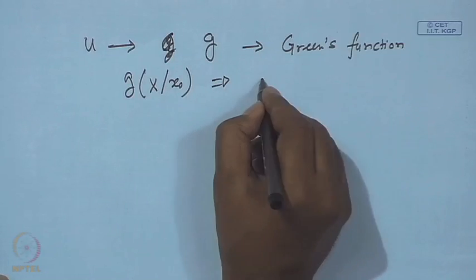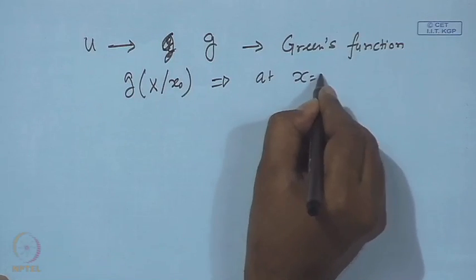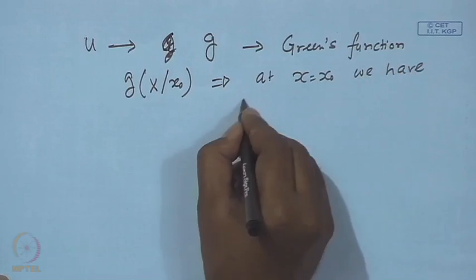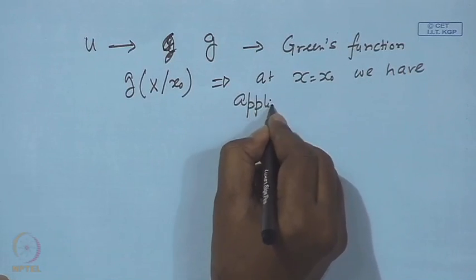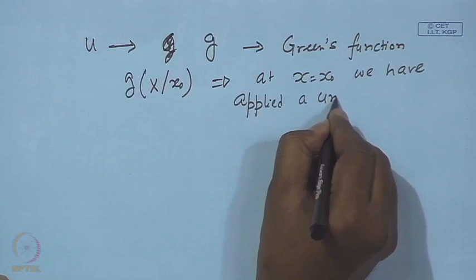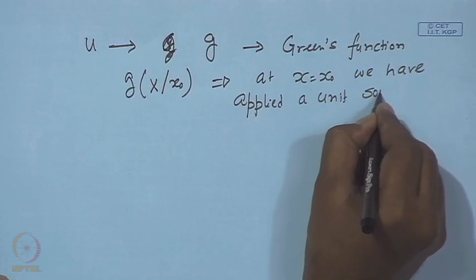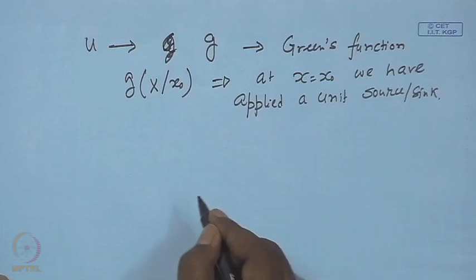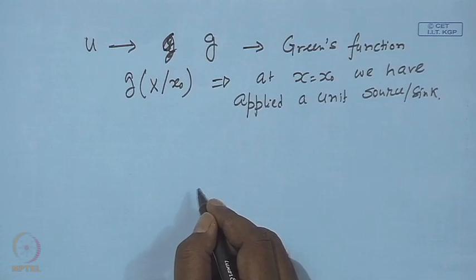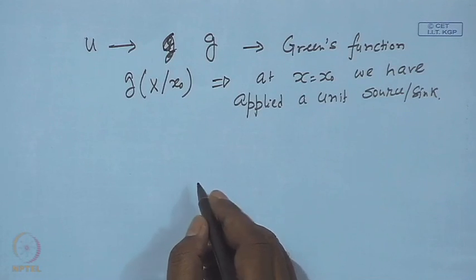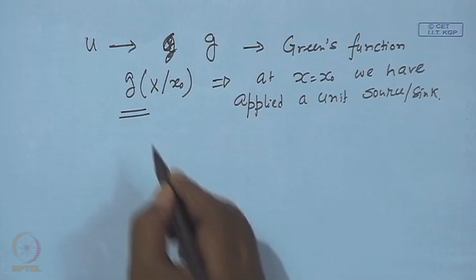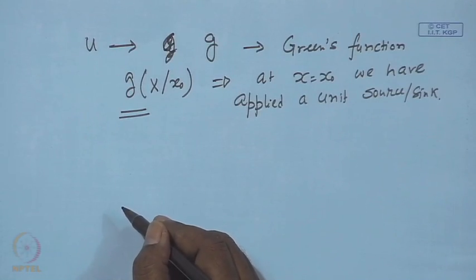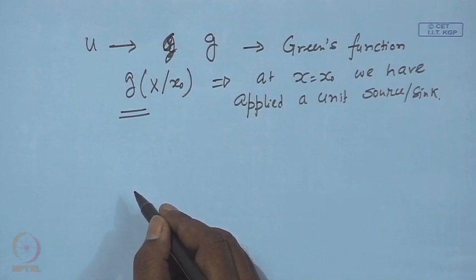That means, at location x equal to x naught, we have applied a unit source or sink. So, we define the Green's function g, where the distributed non-homogeneous term is replaced by the unit source or unit sink term.